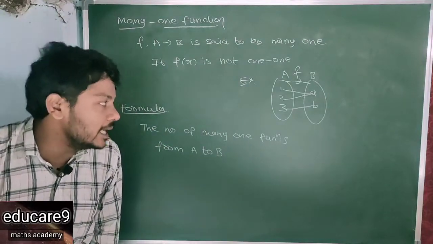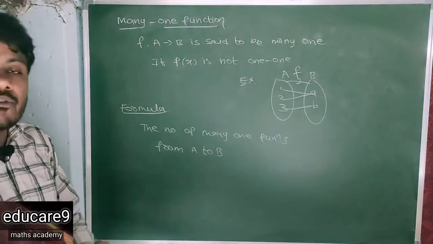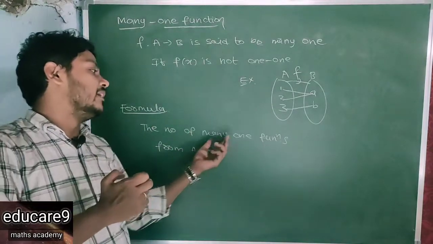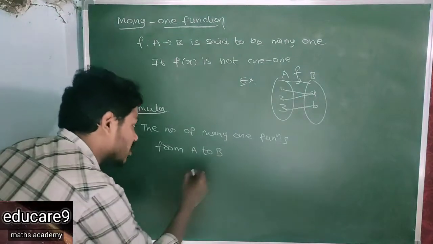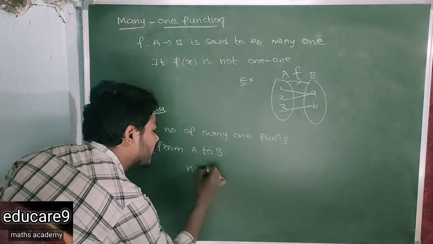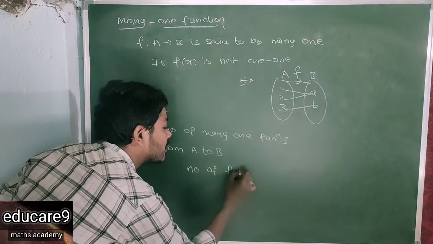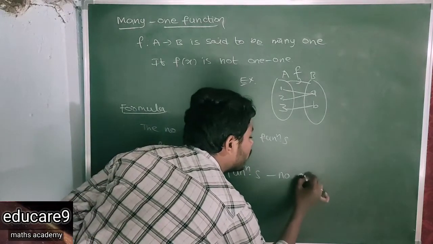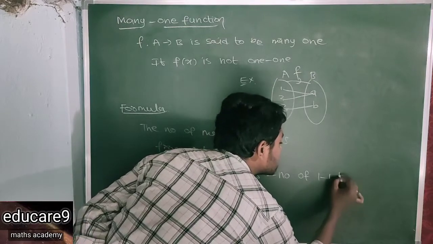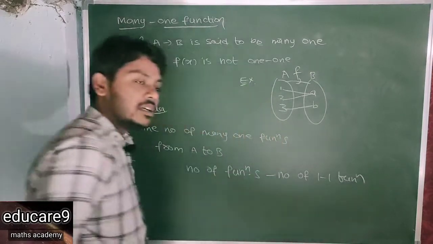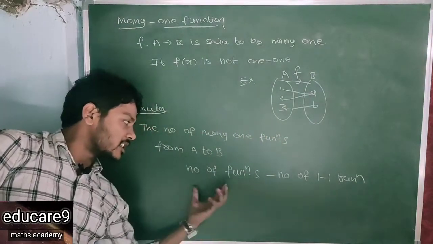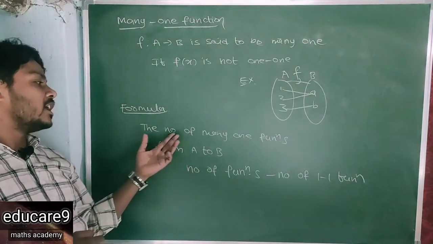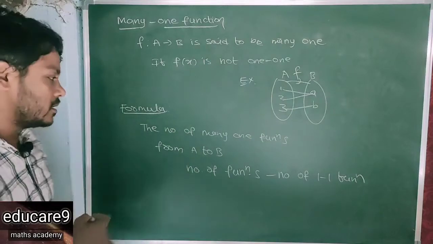So we have to delete the one-one functions from the functions. In that case, we will get many-one functions. So that is the number of functions minus the number of one-one functions. So we have to delete the one-one functions from the number of functions. So clearly you will get the many-one functions.